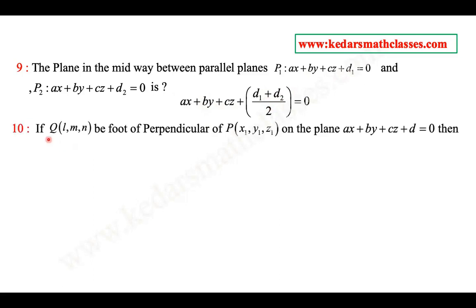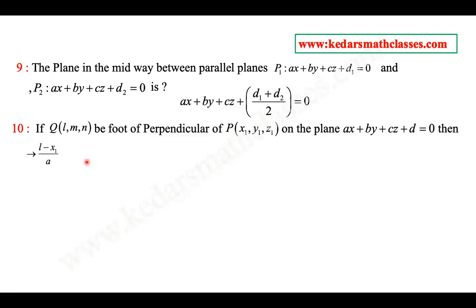Let Q(l, m, n) be the foot of the perpendicular from P(x1, y1, z1) on the plane ax plus by plus cz plus d is equal to 0. In 2D geometry, if (h, k) is the foot of the perpendicular from (x1, y1) on ax plus by plus c is equal to 0, we have remembered that (h minus x1) by a is equal to (k minus y1) by b is equal to minus (ax1 plus by1 plus c) by (a square plus b square).